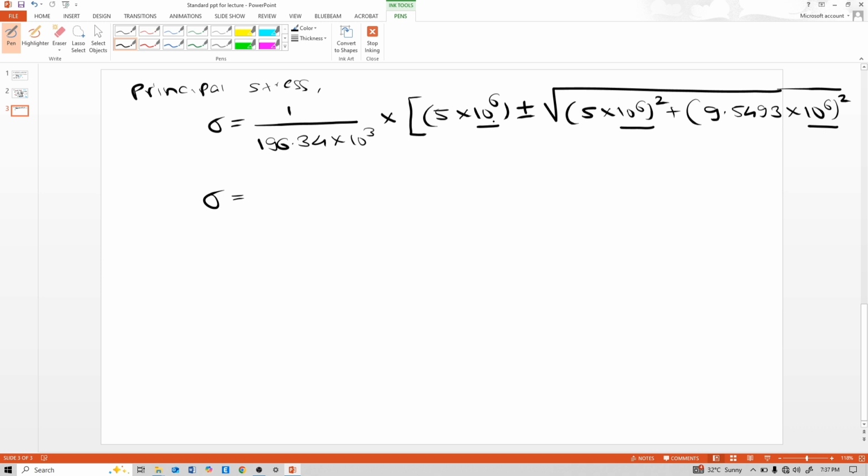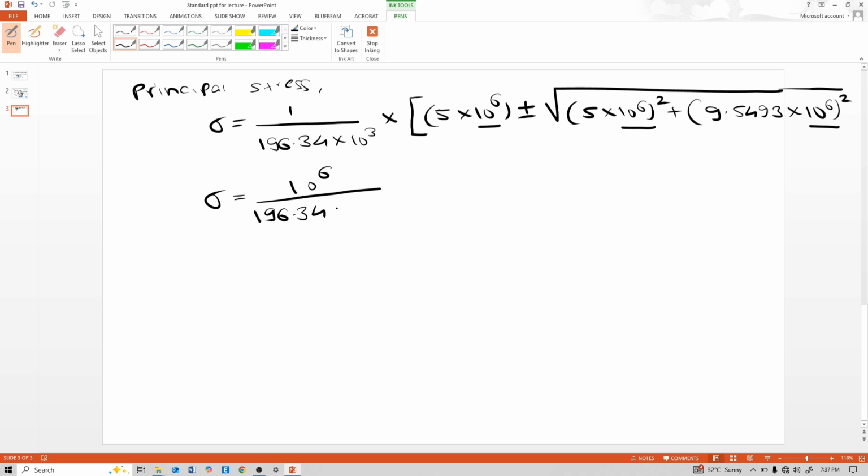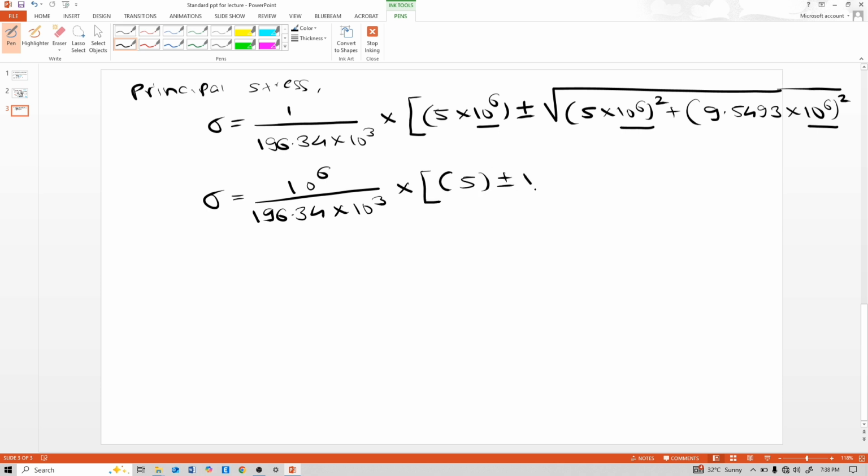So 10 raised to 6 divided by 196.34 into 10 raised to 3 multiplied by 5 plus minus under root of 5 square plus 9.5493 square.